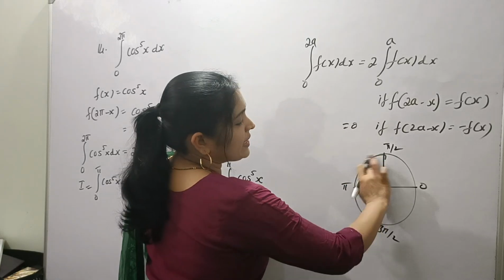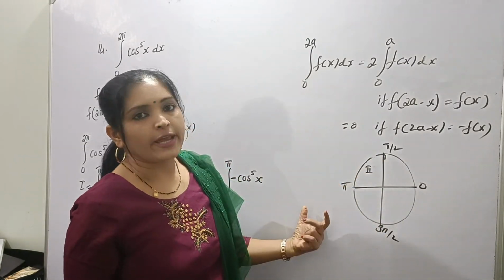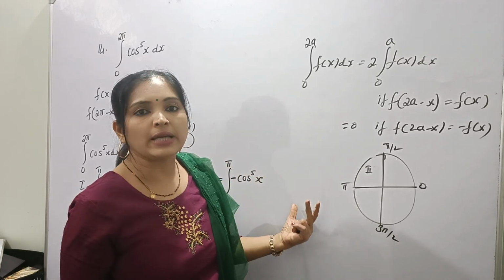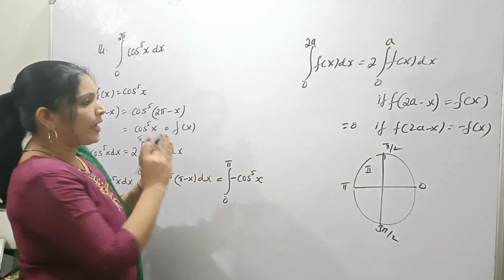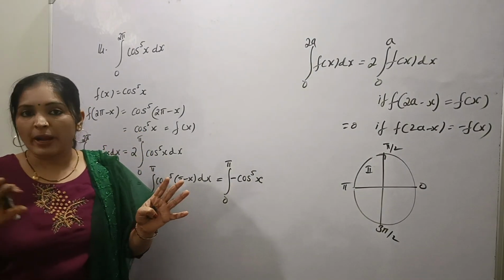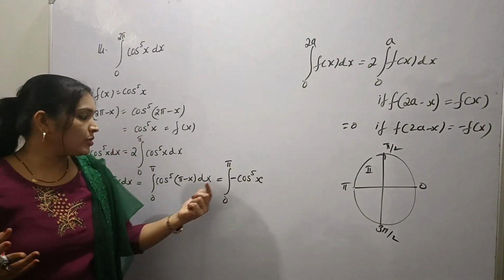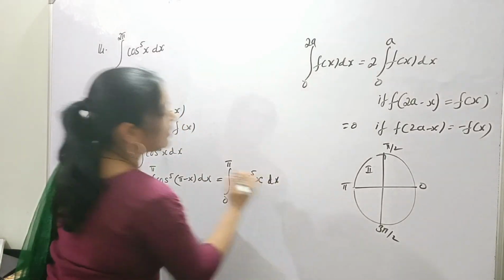Pi minus means in the second quadrant, cos is negative. Therefore, cos pi minus theta is minus cos theta, okay? Therefore, minus cos theta multiplied 5 times, so it will be minus, right? So, minus cos raised to 5x dx.